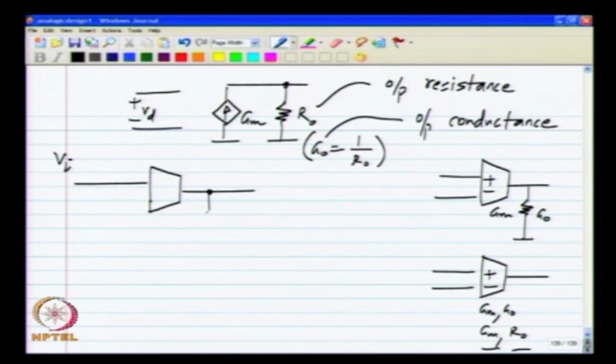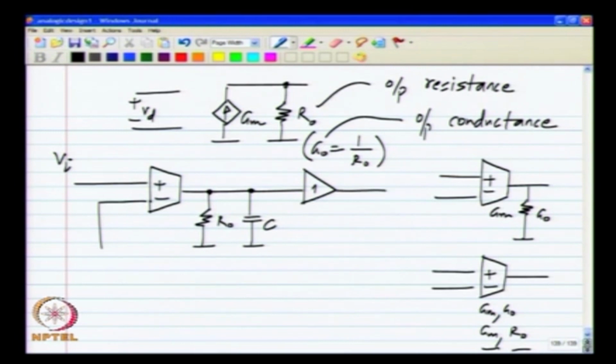In this case, I will show it explicitly outside. First, let us reason out what happens and then analyze and see exactly what happens.